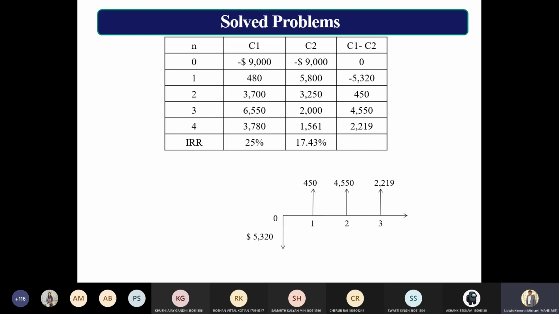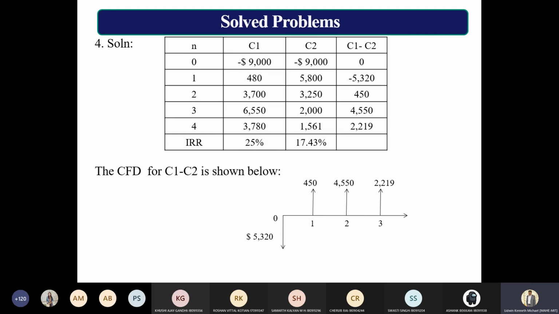So did you solve the particular numerical problem? So this is how the equation looks.